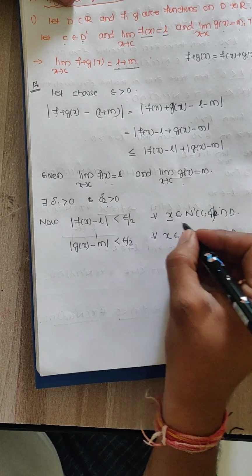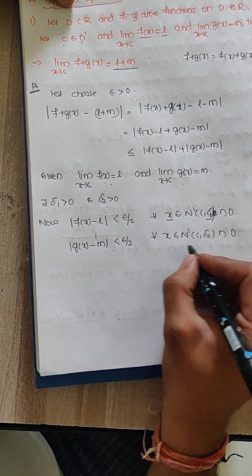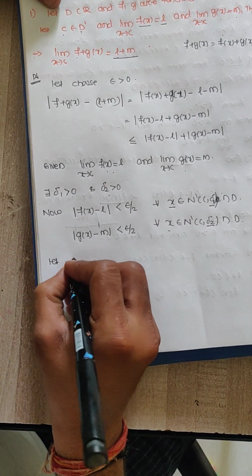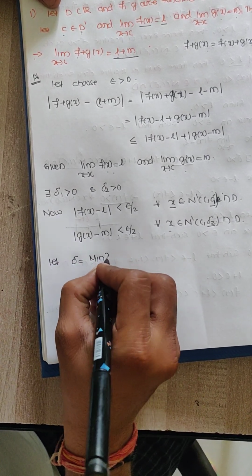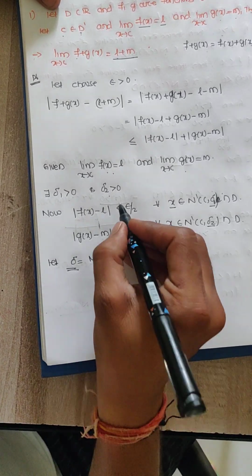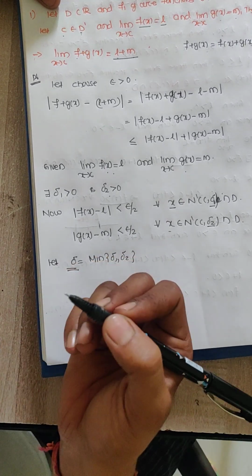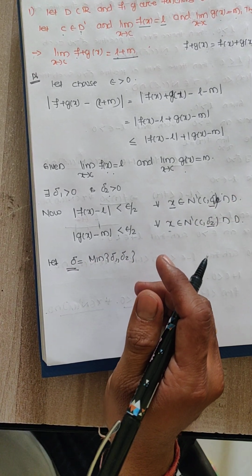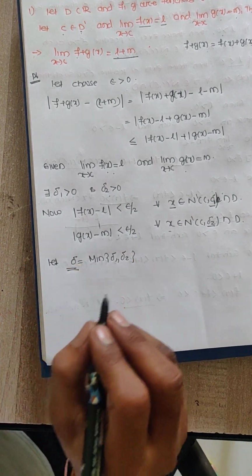Now this x belongs to the delta 1 neighborhood of C, and this x belongs to the delta 2 neighborhood of C. So let delta be equal to the minimum of delta 1 and delta 2. Now for this delta, these two statements will be true simultaneously, because I have already discussed why we are taking the minimum of delta 1 and delta 2.